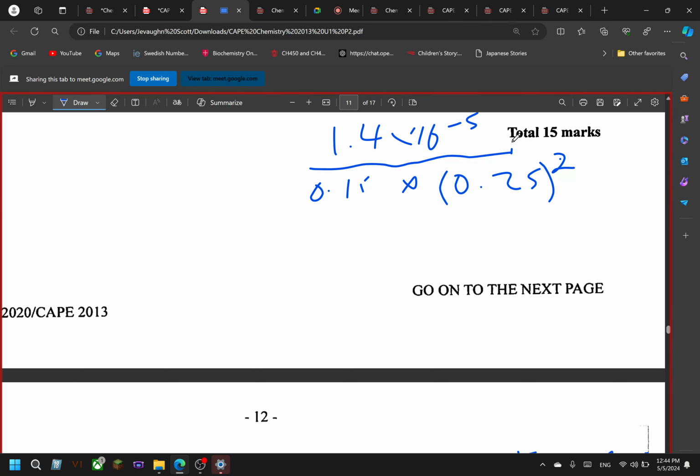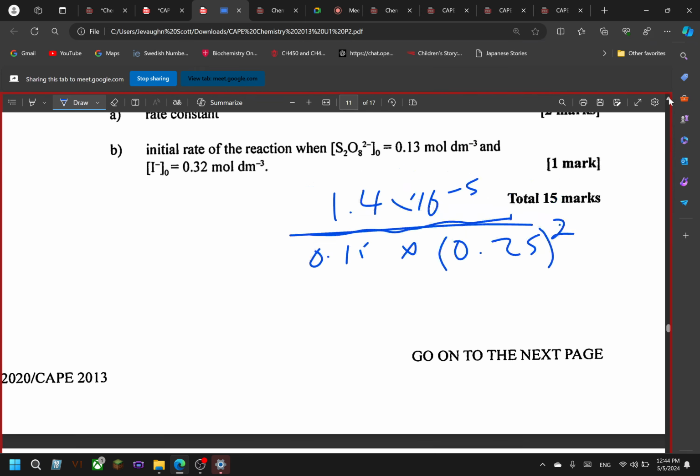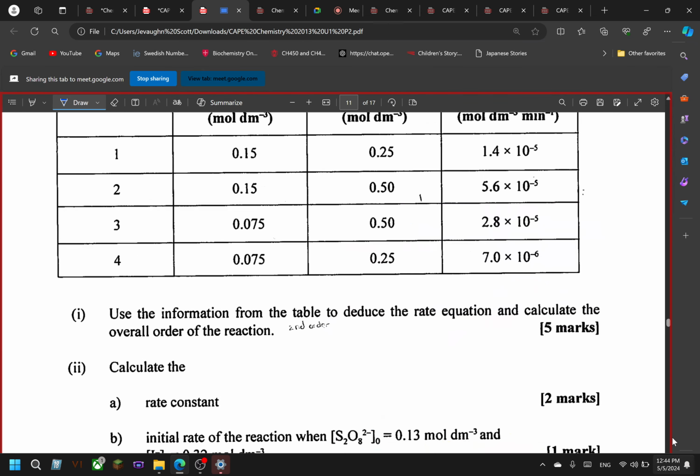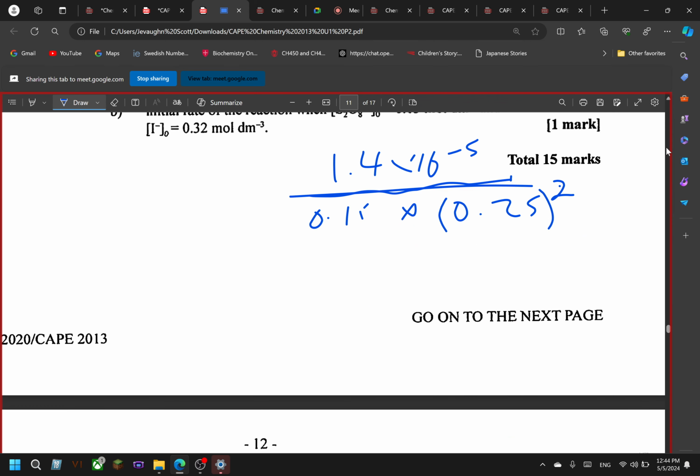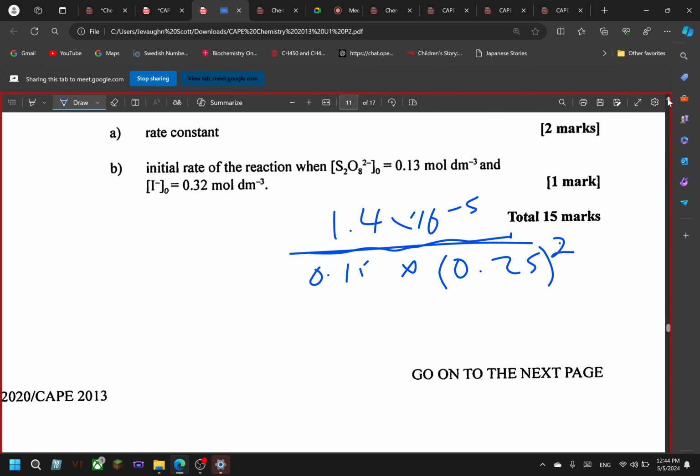And let me just get that value to confirm that that answer is the right answer there. That would be 0.15, and then we times 0.25 squared. And the answer I get is 1.49 times 10 to the negative 3. All right, so the rate constant k is actually that. So I forgot to square, my bad.